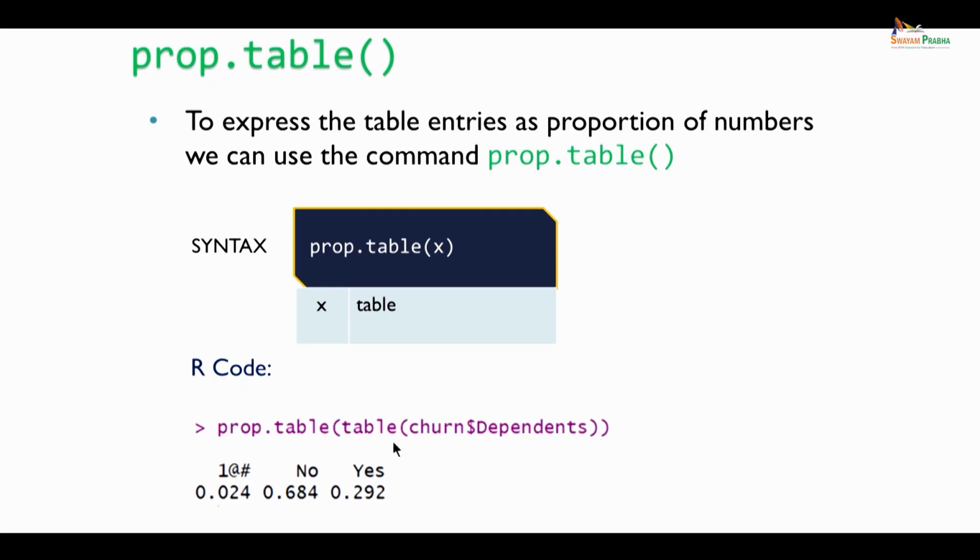The first bracket will give you the frequencies under each category, and by adding prop.table to that, it will give you the numbers in terms of proportions. Here only 2% have special characters, but 68% of the observations are of no category and 29% are of S category. So, the highest proportion is for no.